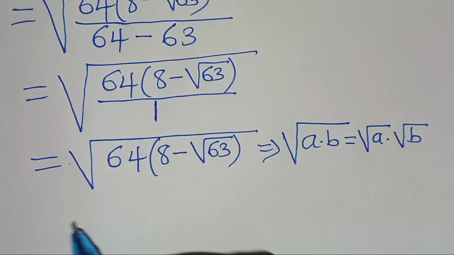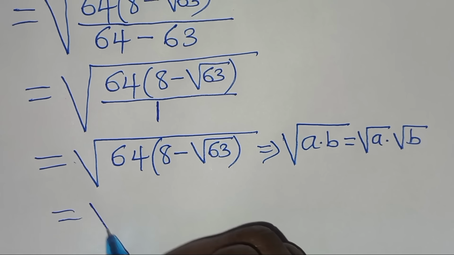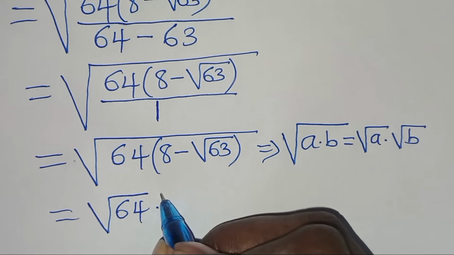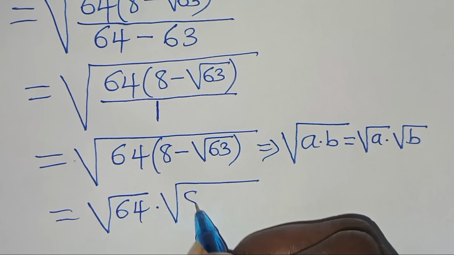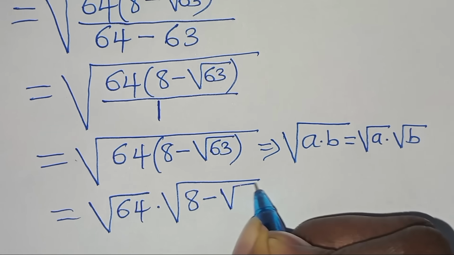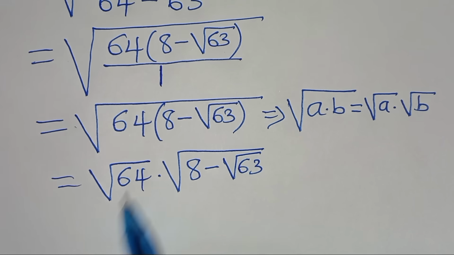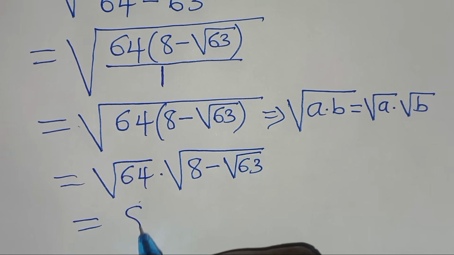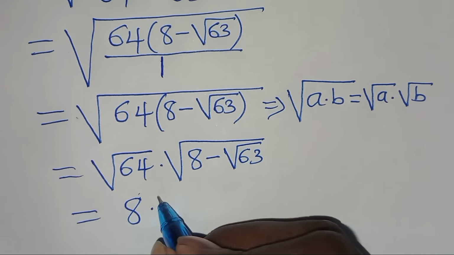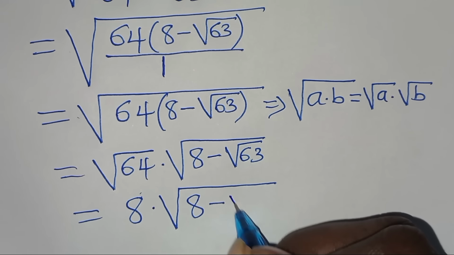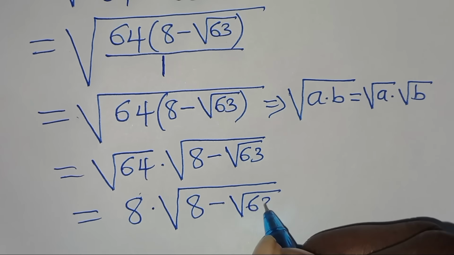Applying this identity, we have the square root of 64 multiplied by square root of 8 minus square root of 63. The square root of 64 is equal to 8. Then we multiply by square root of 8 minus square root of 63.